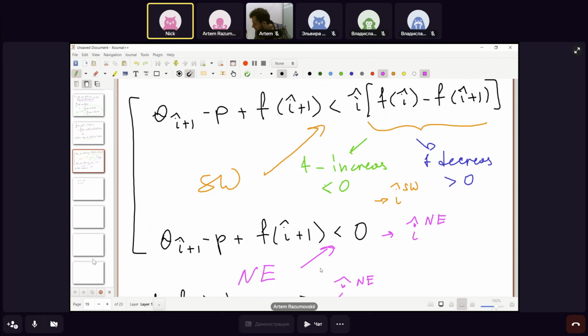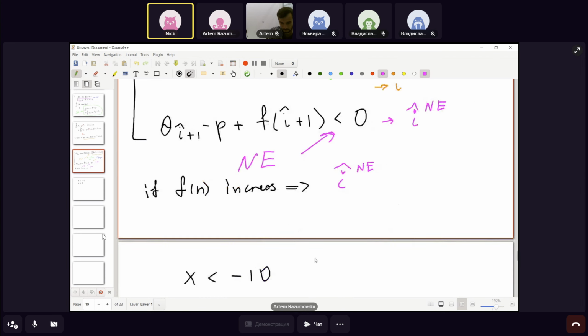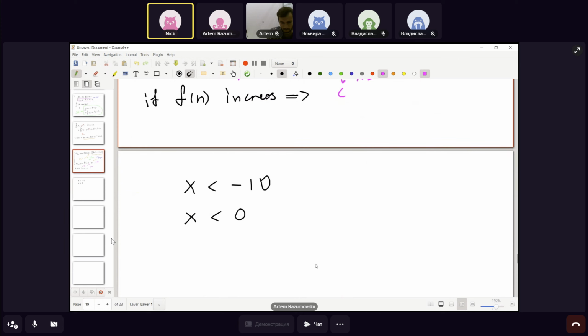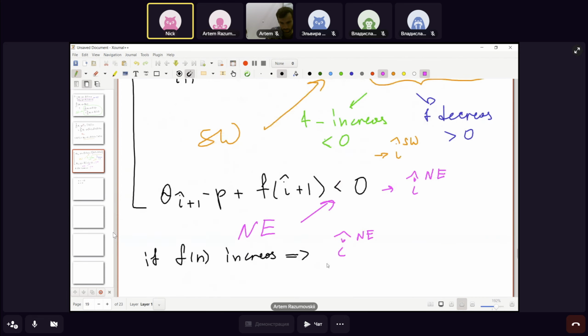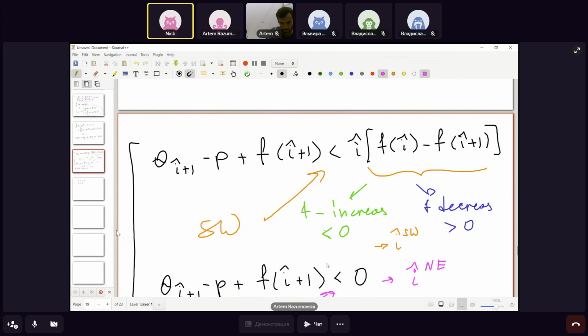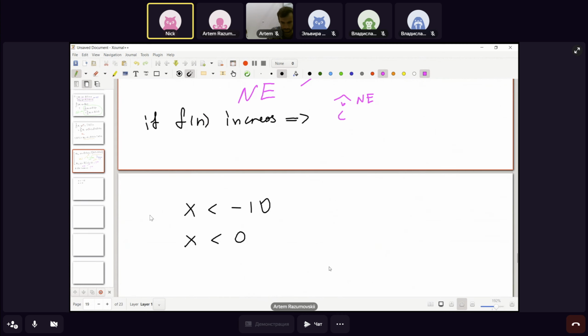Well, even if we consider the case when f is decreasing by I, we still will get the larger area in Nash equilibrium, because it says that it should be just less than 0, while our restriction will say that it will be possibly more than 0, but I don't know, 0 plus epsilon.